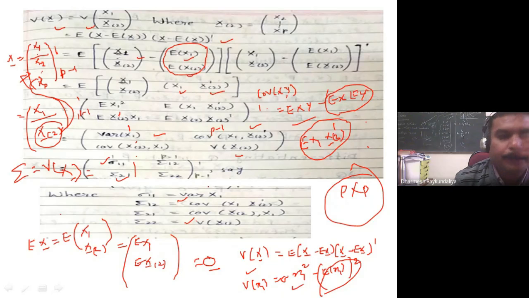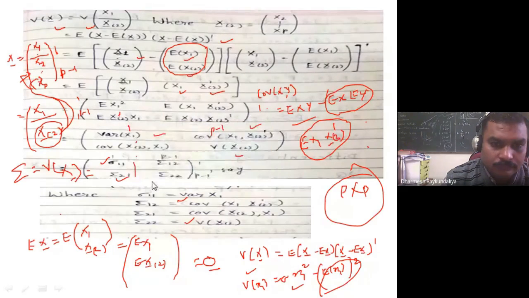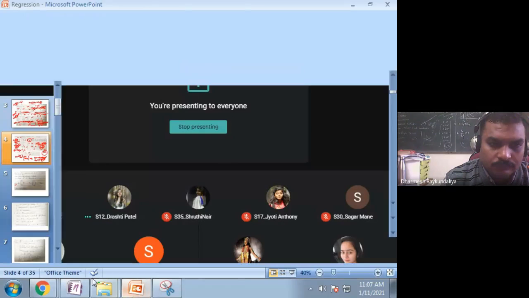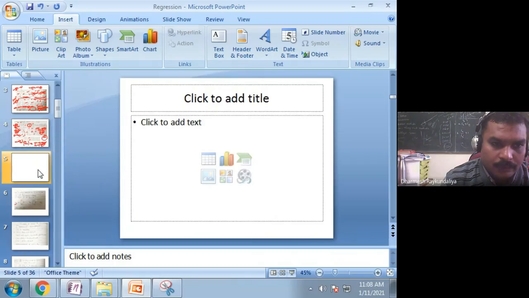And what is the order of sigma 2 1? What is the order of sigma 1 2? It is 1 cross p minus 1. Let me show you. I am adding a new slide here in between.